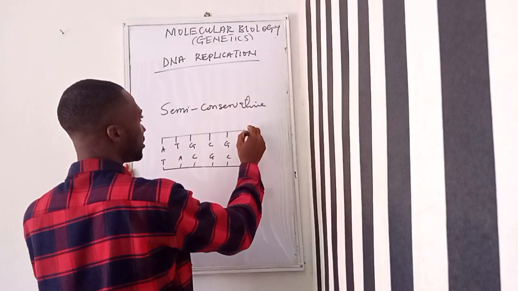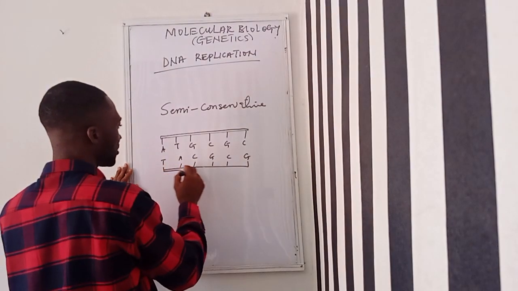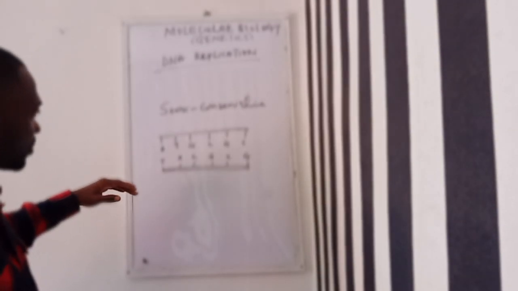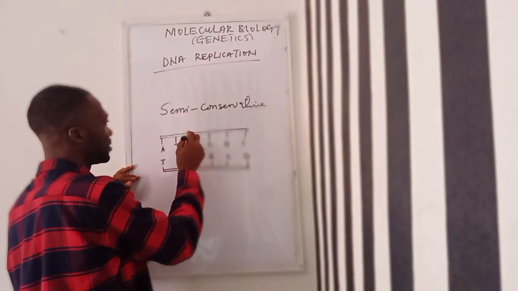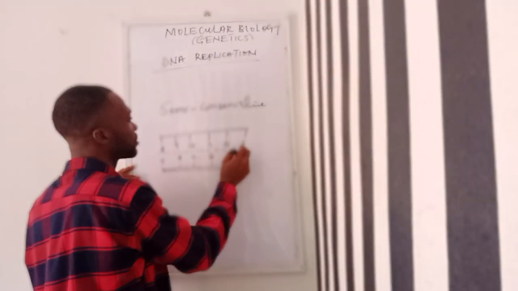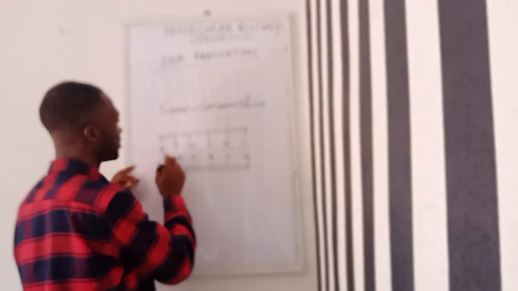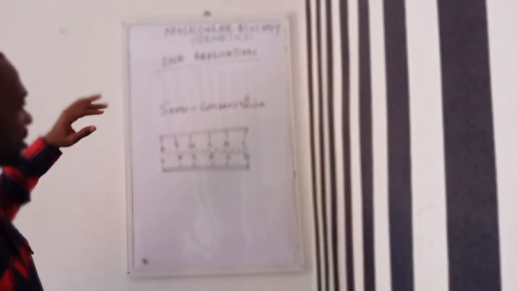So this is a strand of DNA. If this strand replicates, it's going to be in such a way that this strand produces another strand, and this other strand also produces another strand.